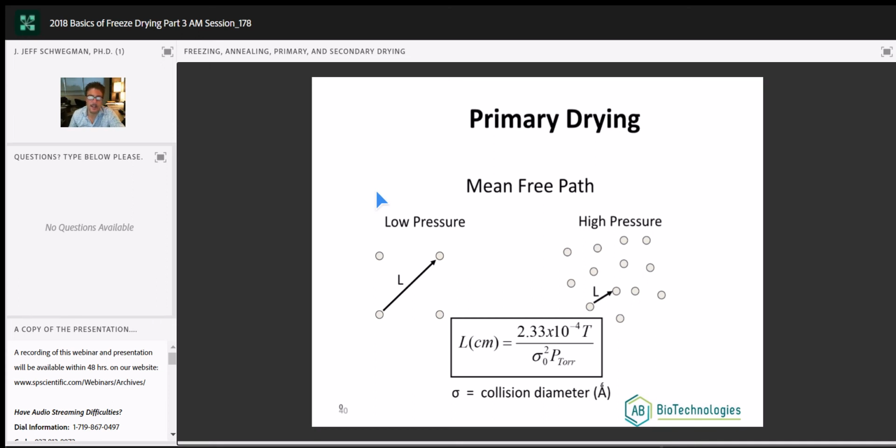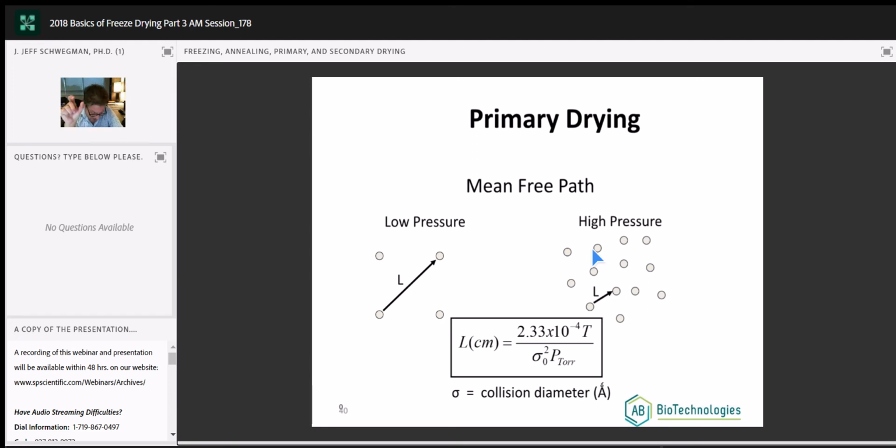Now, the mean free path, basically what we're talking about in a high pressure environment is you have one molecule that you're monitoring. How far does that molecule have to go before it bumps into another one? Well, at atmospheric pressure, we got a ton of stuff floating around in the air. Carbon dioxide, argon, nitrogen, oxygen, ton of these things packed in very tightly.